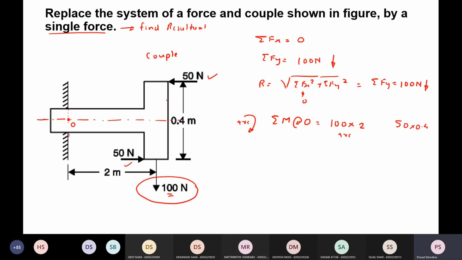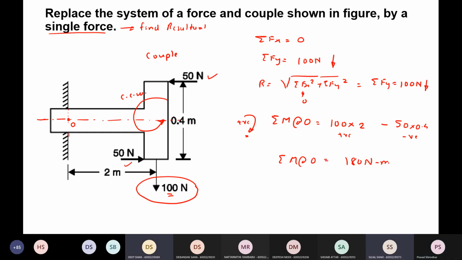Now, if you see, the turning effect of this couple will be in counterclockwise direction. So this has to be subtracted. This is negative, because we have taken the convention clockwise positive. Summation M about O is equal to 180.